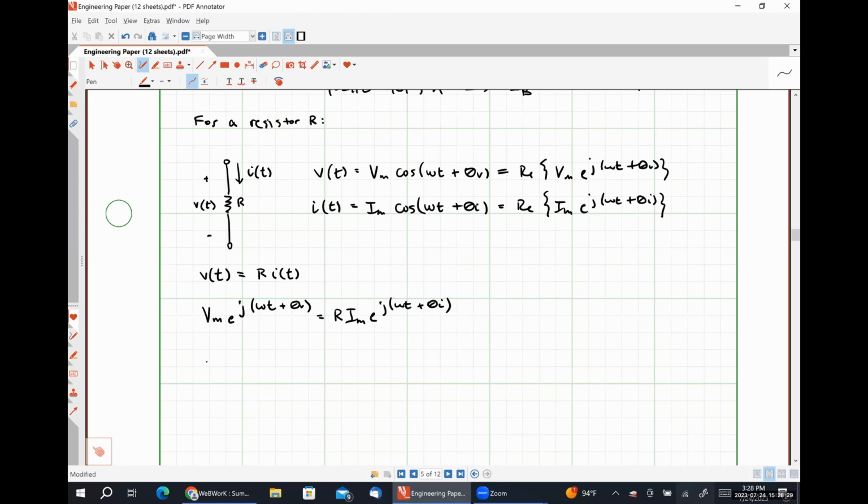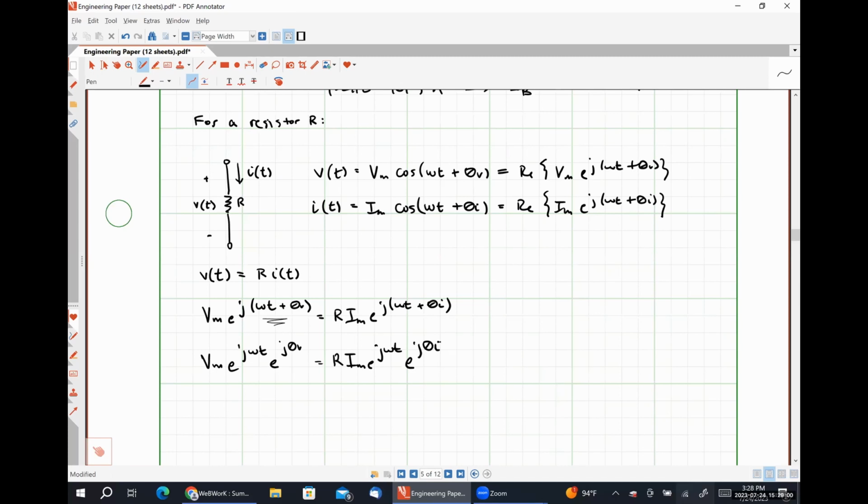So this left thing would be Vm e to the j omega t times e to the j theta v, because when I multiply those two exponentials together, their arguments add, giving me this relationship. So these are identical. And now I'm going to have R times Im e to the j omega t times e to the j theta I.